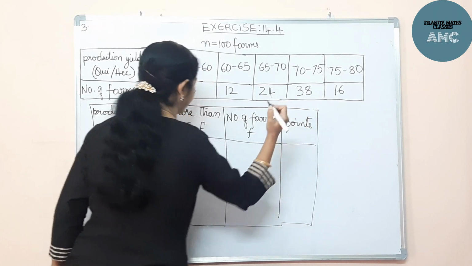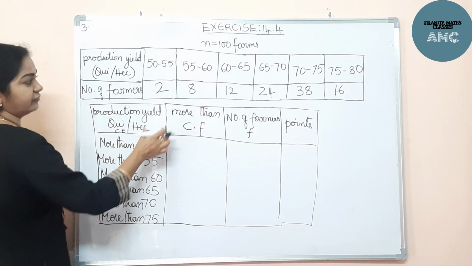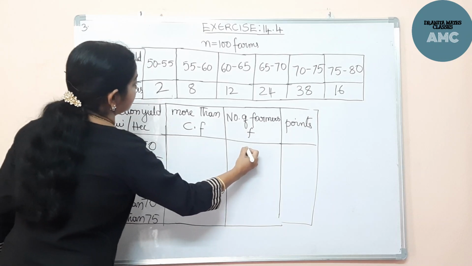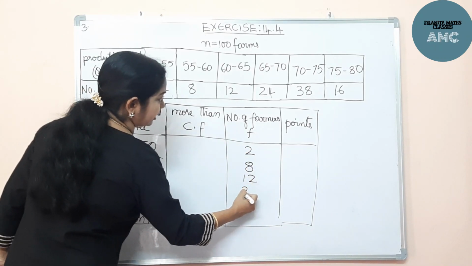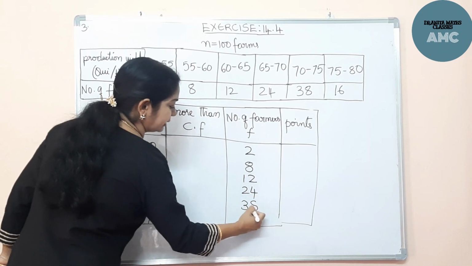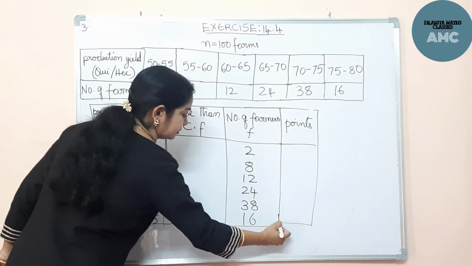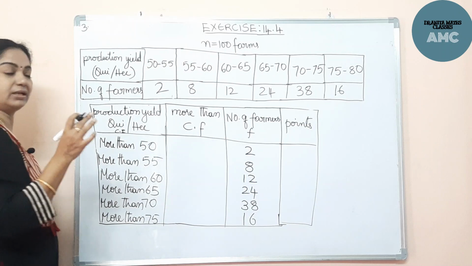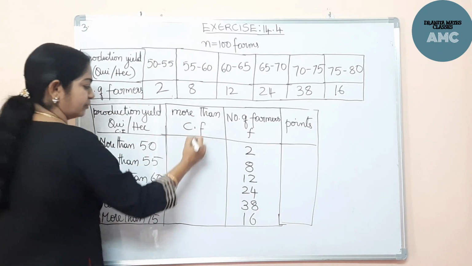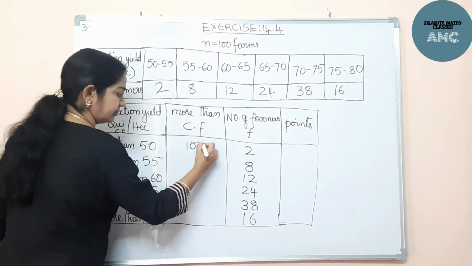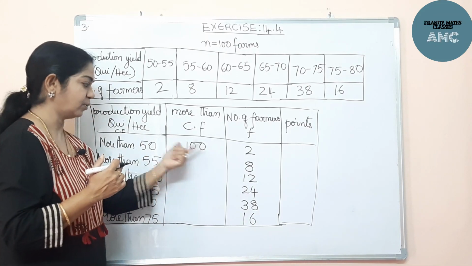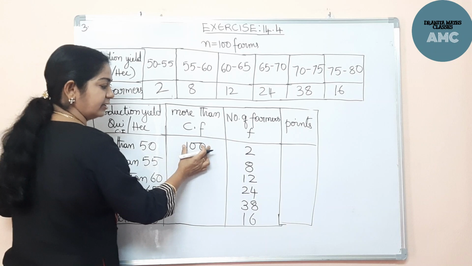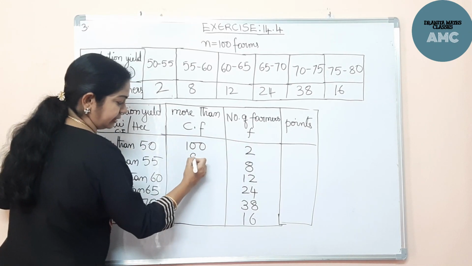The coordinates. Now here the frequencies are 2, 8, 12, 24, 38 and 16, right? Now how many do we have in total? 100 farms. So for the more than type, first you take 100, because the cumulative frequency we are writing is the more than type, not the less than type. So from 100, if you subtract 2, you get 98.